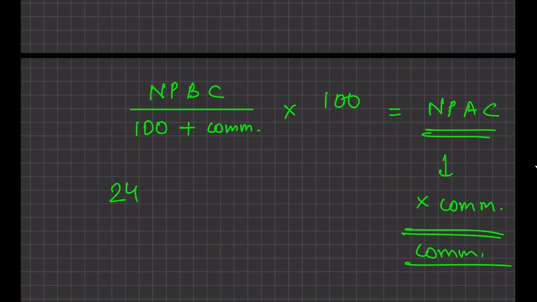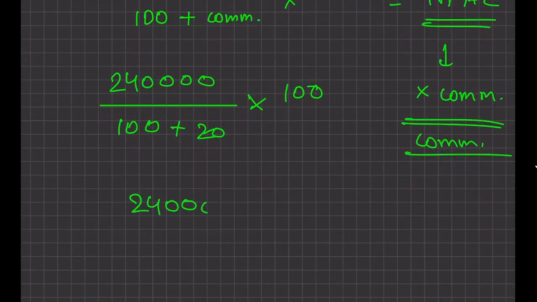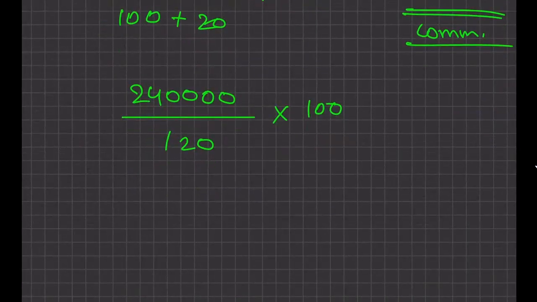So net profit before commission was 2,40,000, divided by 100 plus the commission rate. What was the commission rate? It was 20%. So 100 plus 20, multiplied by 100. This would be 2,40,000 divided by 120 multiplied by 100. So 0 and 0 cancel off. This would be 2,000, and 2,000 multiplied by 100 would be 2 lakh rupees.